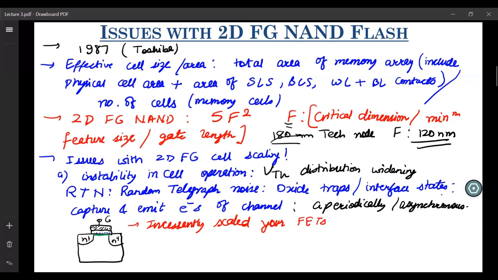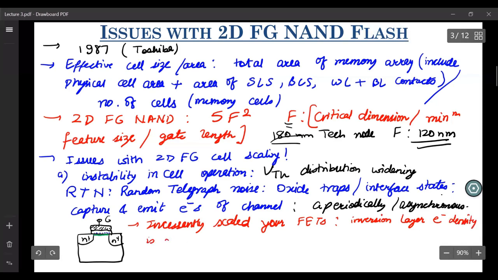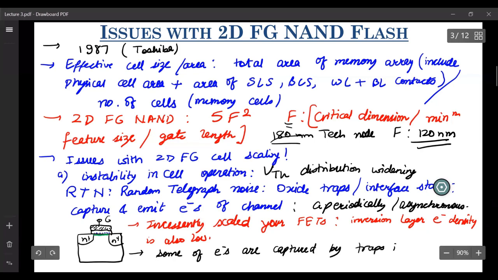If you have incessantly scaled your FET, then your inversion layer electron density is also low, right? And if some of these electrons are captured by your traps in the oxide.